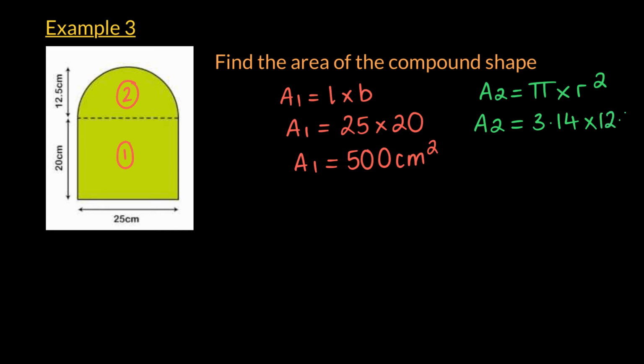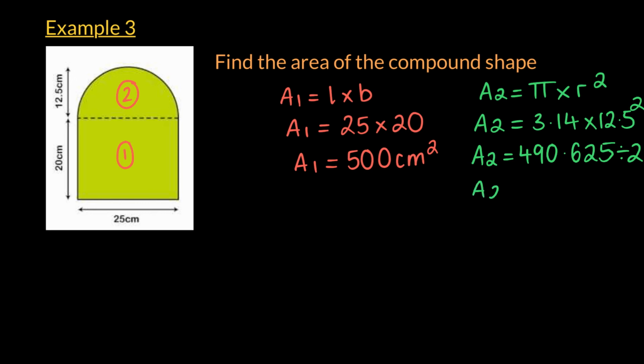So 12.5 squared, and that just goes into your calculator. So the answer comes out to be 490.625. But we know that we have to half that answer because we only have a semicircle. So we're going to divide it by 2.